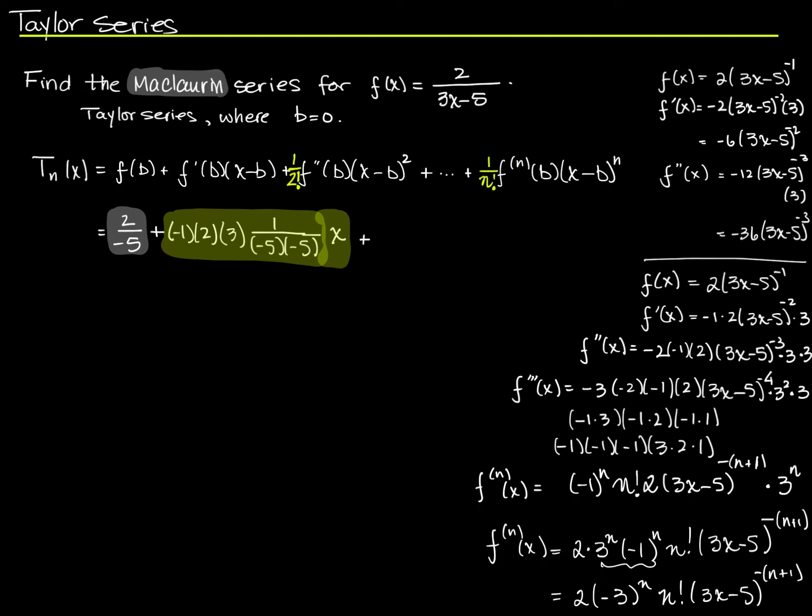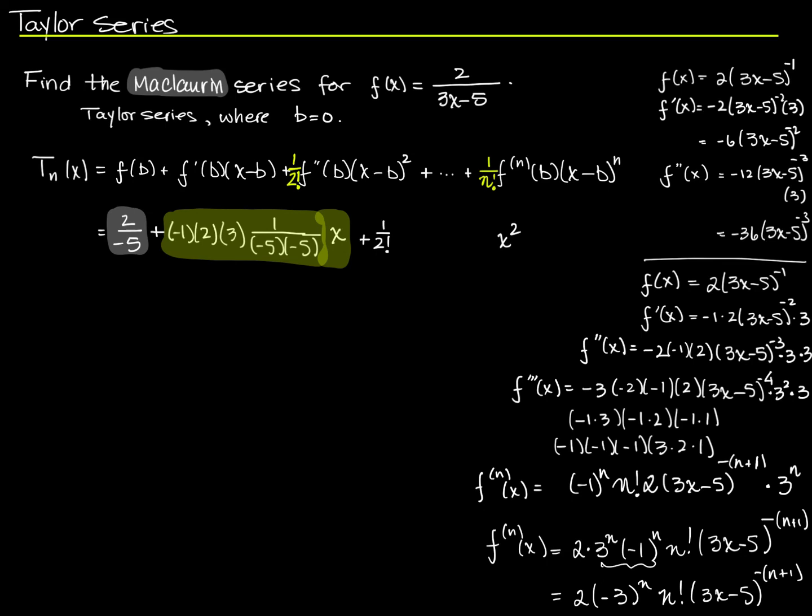So my next term then is going to be 1 over 2 factorial times the second derivative evaluated at b. I'll go back and then evaluate this at b equals 0 in just a minute, times x minus 0, or x squared. So I'll have an x squared at the end.